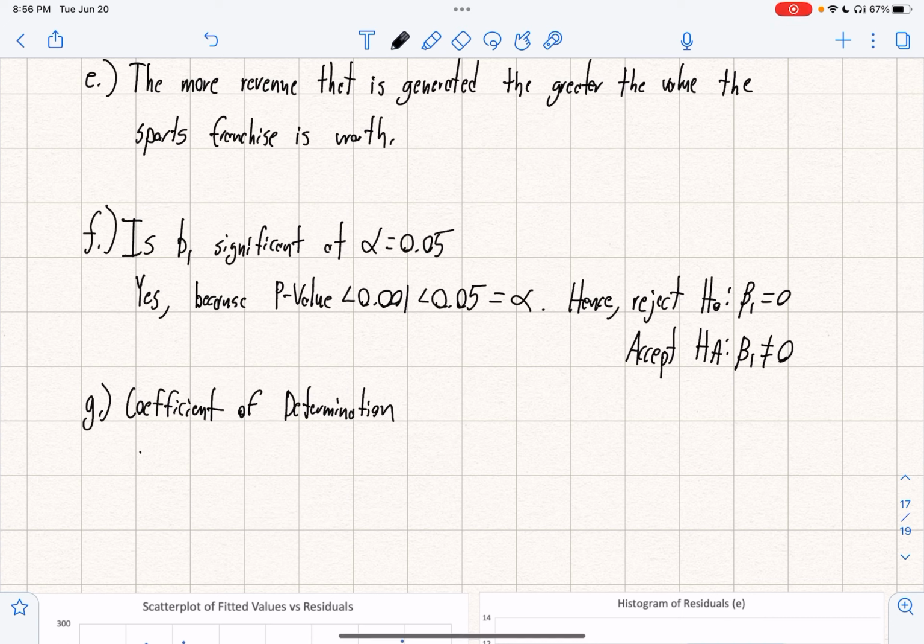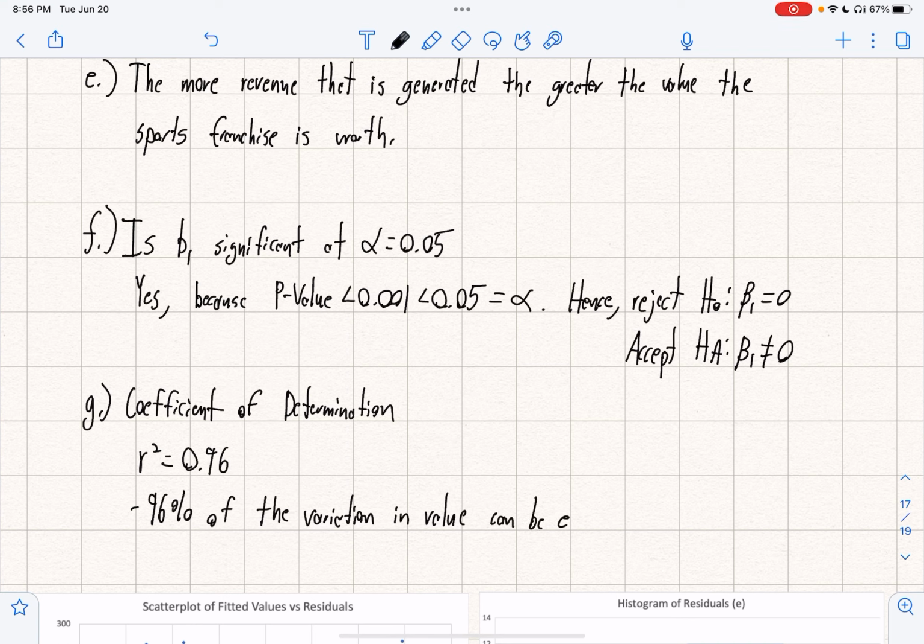So R squared, that we will calculate in the Excel lab, is 0.96, and so we would say 96% of the variation in value, our response variable, can be explained by revenue.